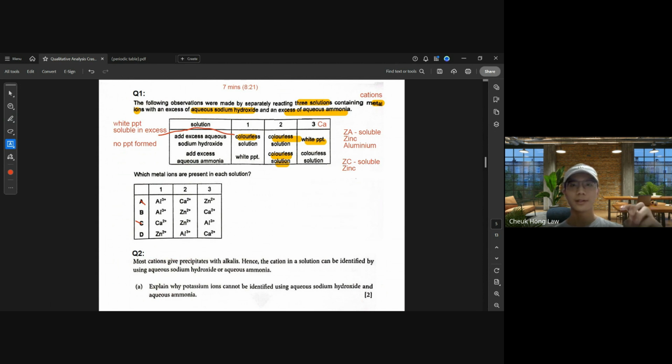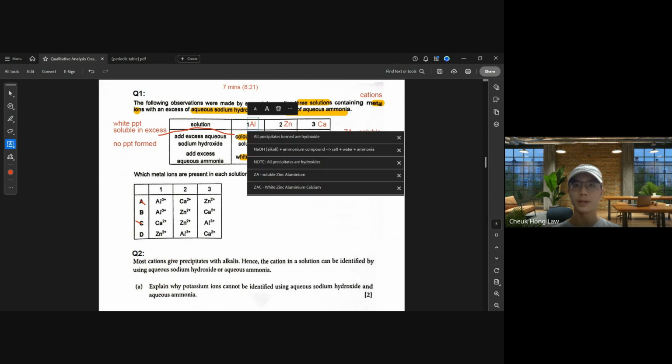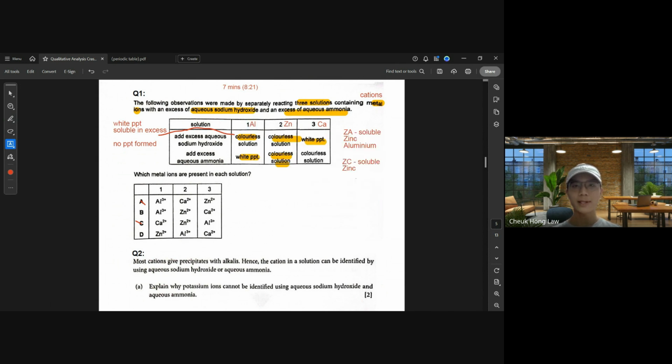Since number 2 is a colorless solution in both, number 2 is definitely zinc. Because number 1 is a white precipitate, it is insoluble, so you only have aluminium. So number 1 is aluminium, number 2 is zinc, and number 3 is calcium, which means your answer is B.